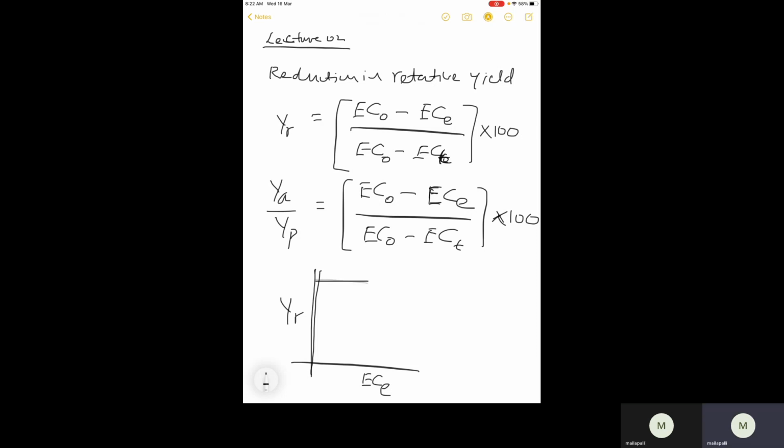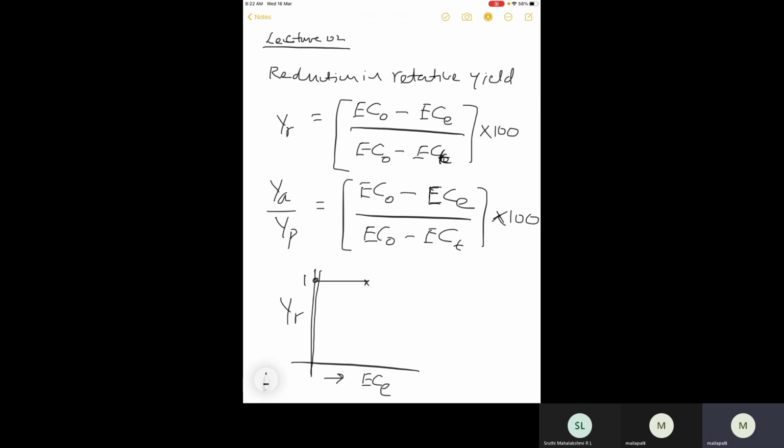Initially, even as the salinity increases, up to a certain salinity level there is no yield reduction. So let's say YR is equal to 1. If YR is equal to 1, the actual yield will theoretically be equal to the potential yield.